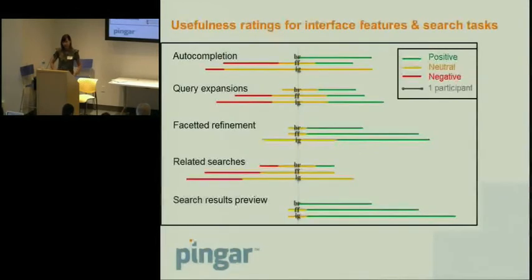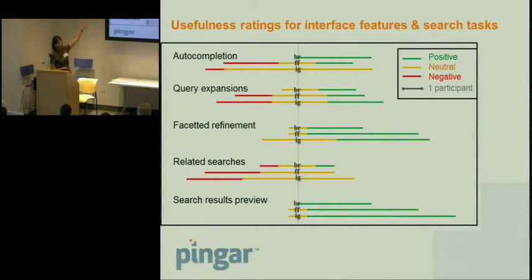We then ended up compiling the results to support our research questions. And the first research question was, how useful are different interface features, and whether it depends on a search task. So here we have a stroke representing a single participant, and green denotes the positive ranking of a feature.